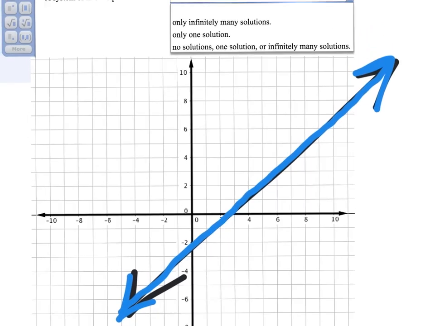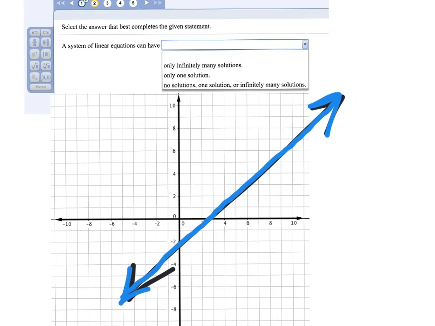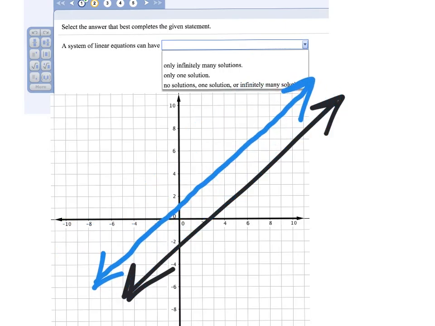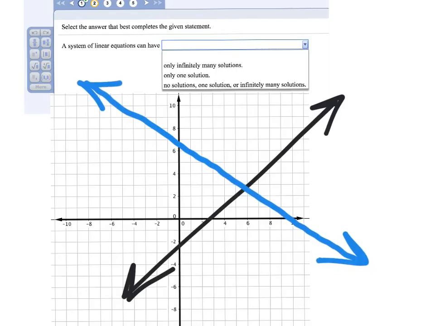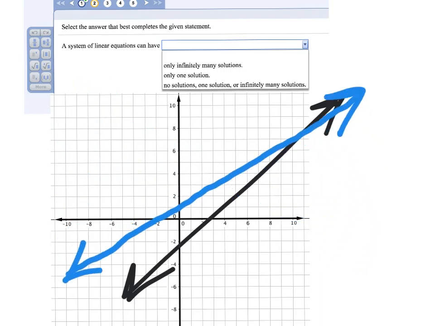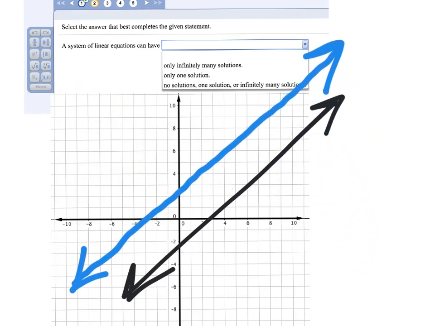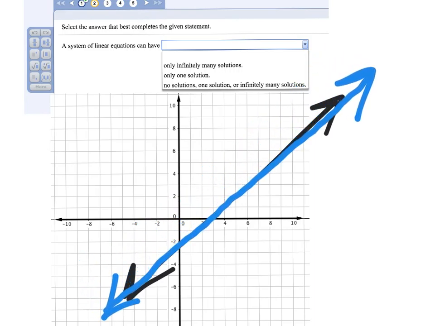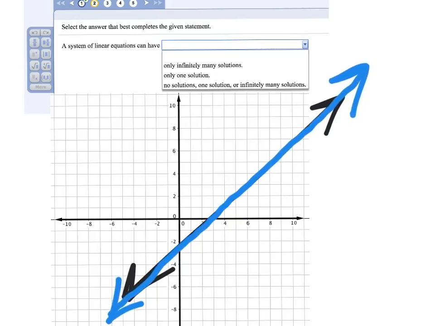So getting back to our options, when you have two lines, you either have one intersection, one solution right there. You have no solutions because they're parallel, so they're never going to cross. Or you're going to have an infinite number of solutions because they're identical. Those two lines are on top of each other.